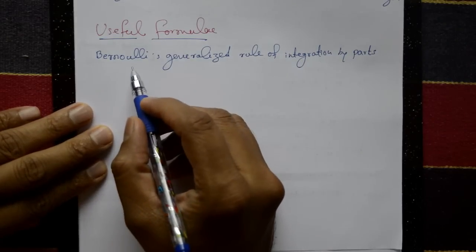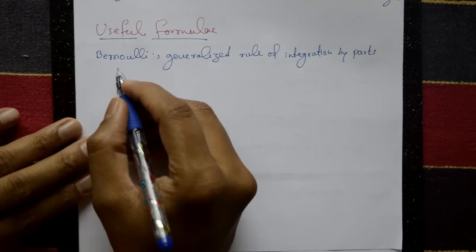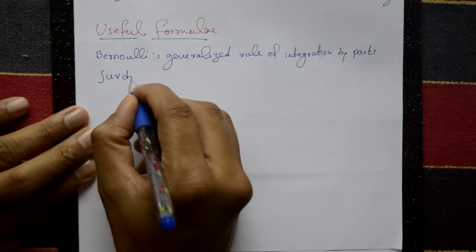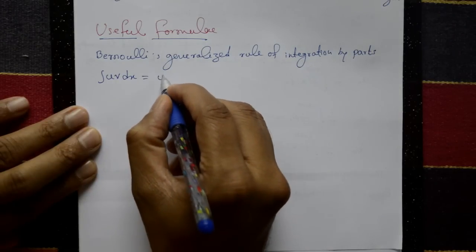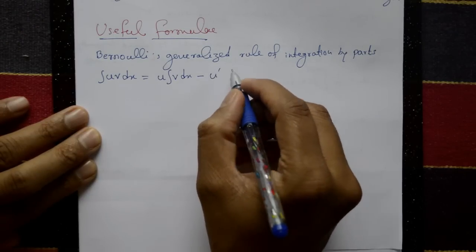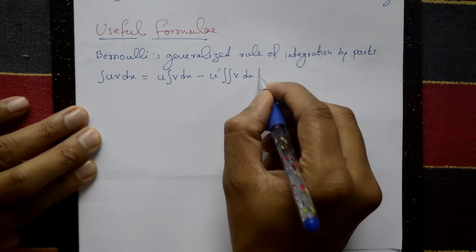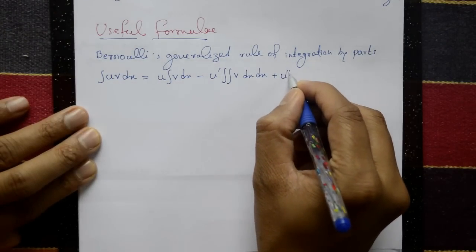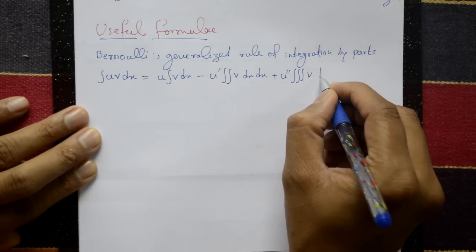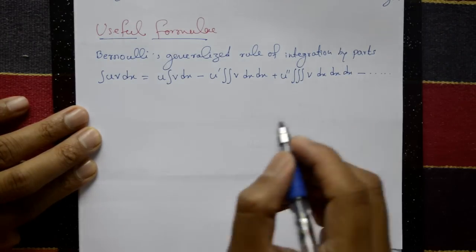Useful formulas. The first one is Bernoulli's generalized rule of integration by parts. The formula is integration of u phi with respect to x is equal to u times integration of phi with respect to x, minus u dash times the second integration of phi with respect to x, plus u double dash times the third integration of phi with respect to x, minus, and so on.